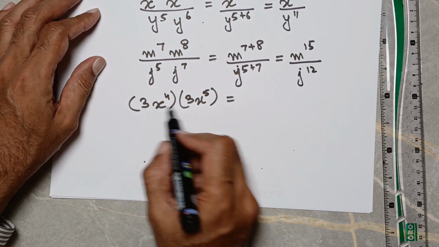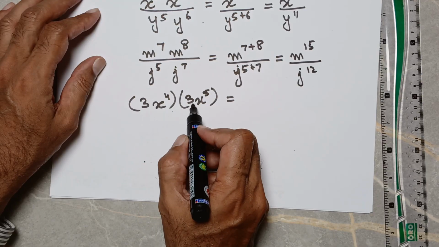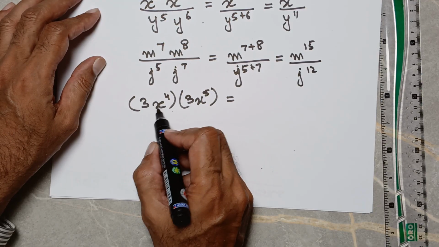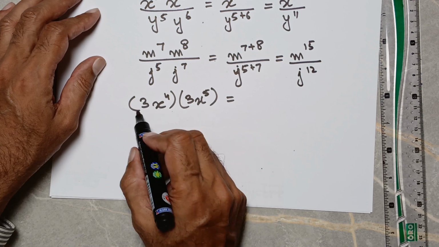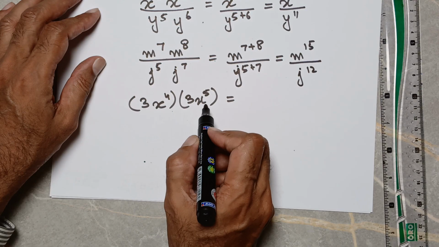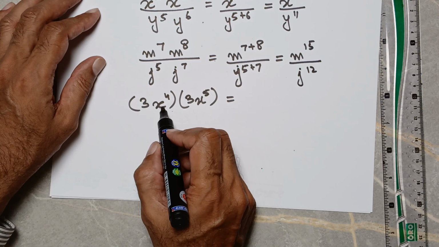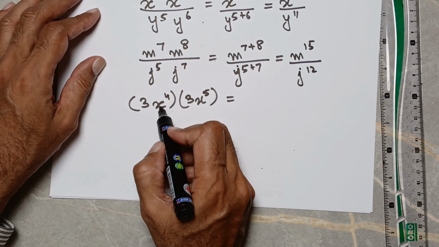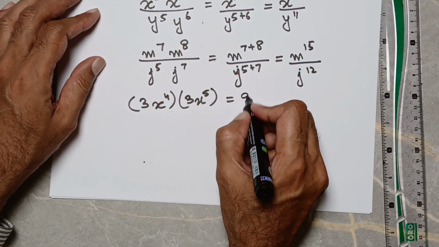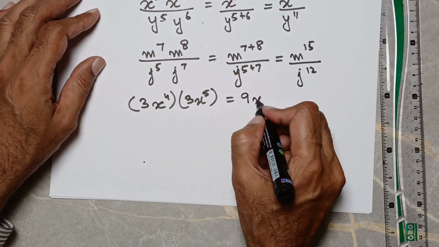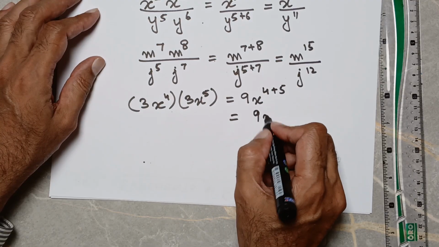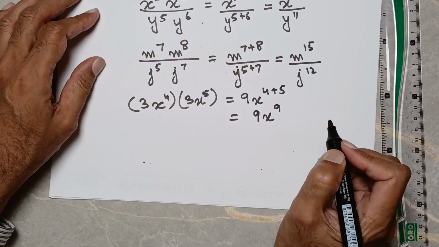Obviously, you are going to multiply 3 by 3, and the powers of this x and this x are going to be added. So 3 multiplied by 3 is 9, and x to the power 4 plus 5 will give you 9x to the power 9.